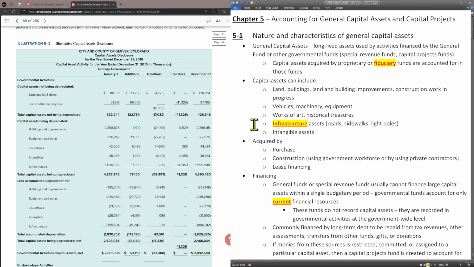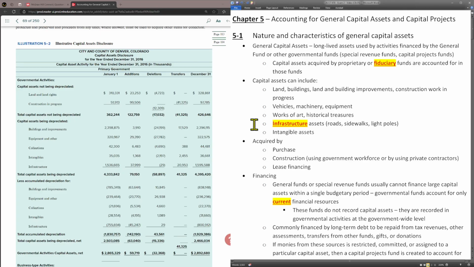We're looking at a specific area of the fund accounting, which is when we're creating or buying big capital assets, such as bridges or buildings. So it's a fairly narrow focus, and because of that, there's only so much specific accounting that we need to take a look at.